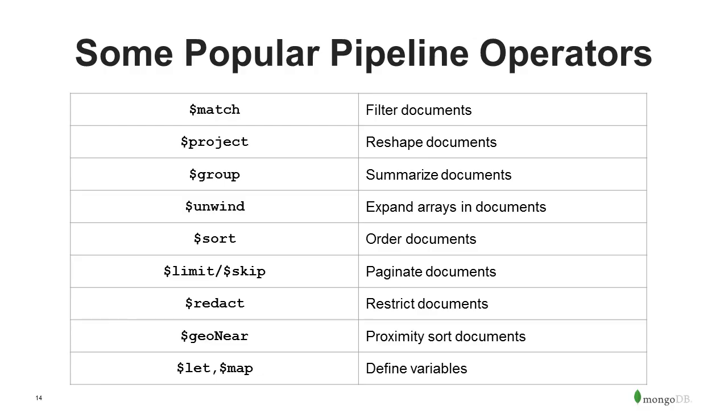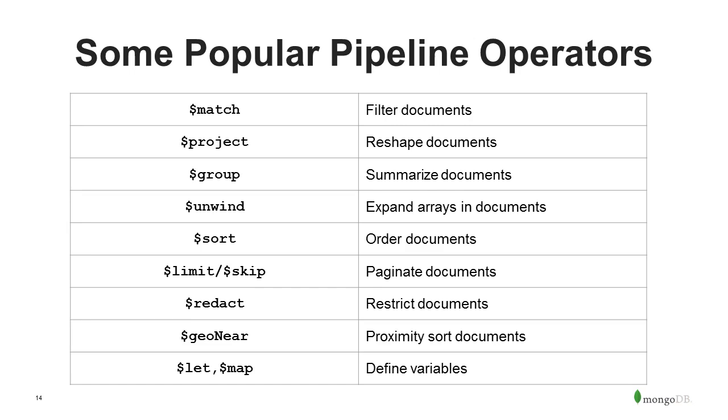We'll also look at $geoNear, which allows you to use GeoJSON data to do geographical type queries within your aggregations. And there's also a few operators that let you define variables. For the beginning of this, we'll concentrate a lot on the first four here, maybe five, because $group and $unwind are probably the more complicated ones to wrap your head around when you're new to the aggregation framework.